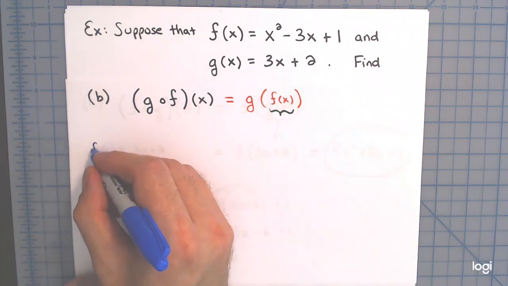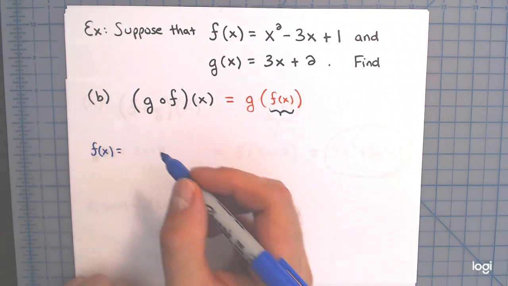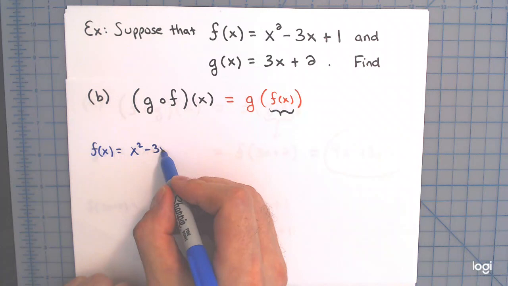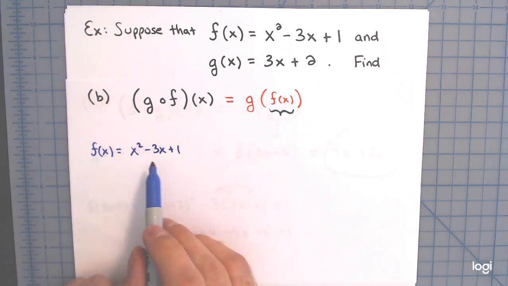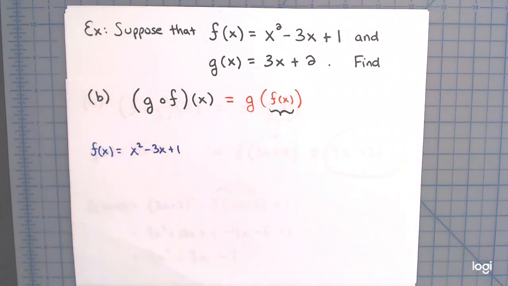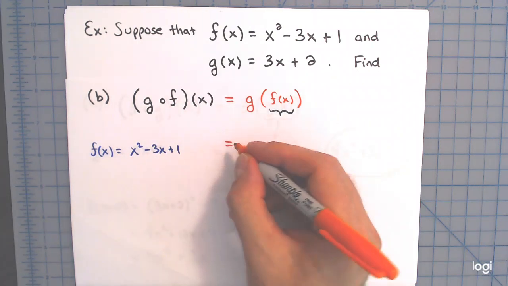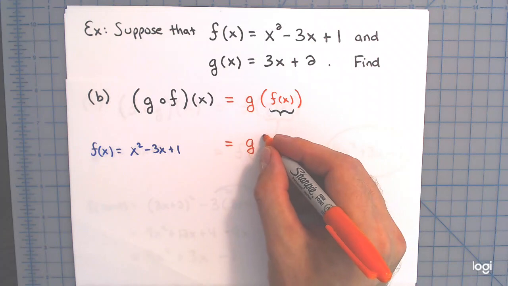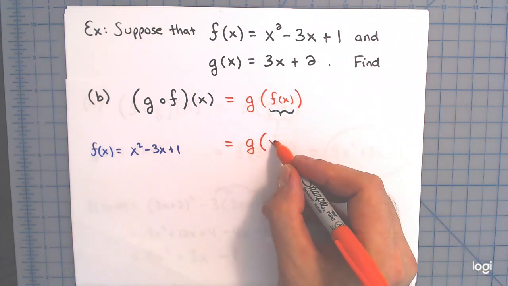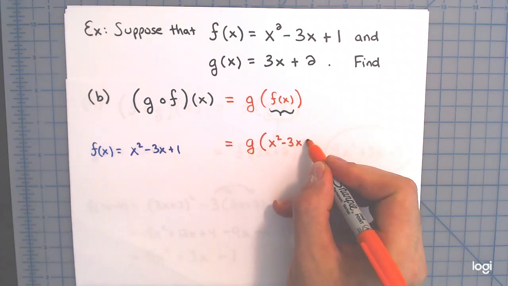Now f of x, we know, is this x squared minus 3x plus 1. That's the output when I plug x into f. So that's going to go in the parentheses after the name of g. So we have g of x squared minus 3x plus 1.